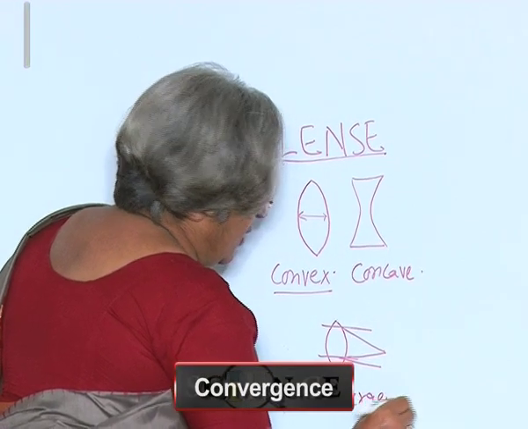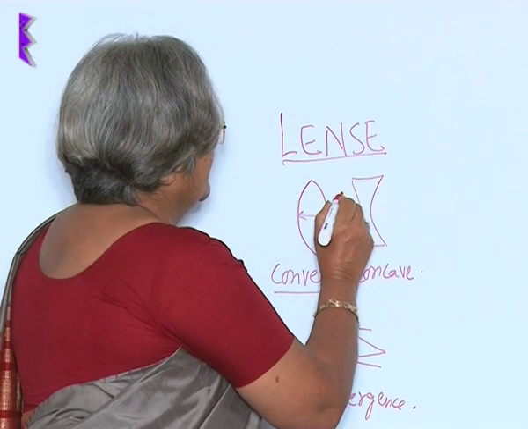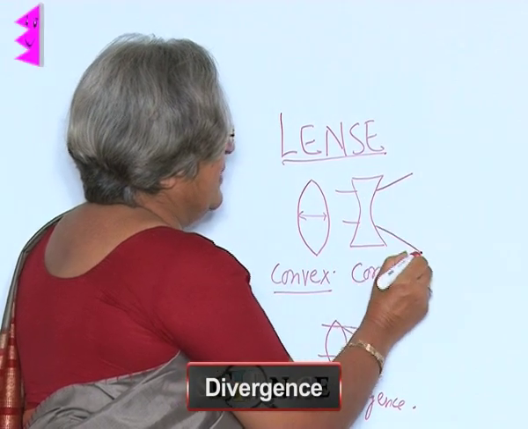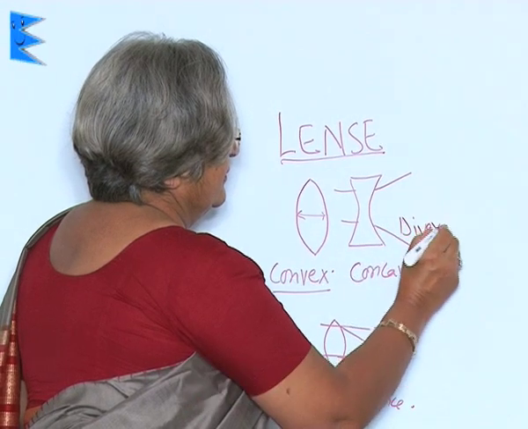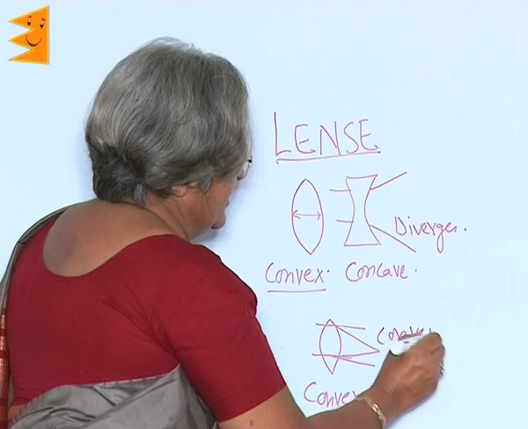But in the case of a concave lens, there is divergence. That means the light spreads. This converges and this diverges.